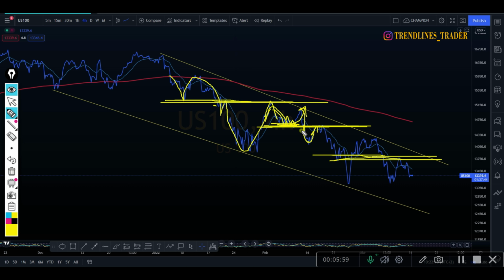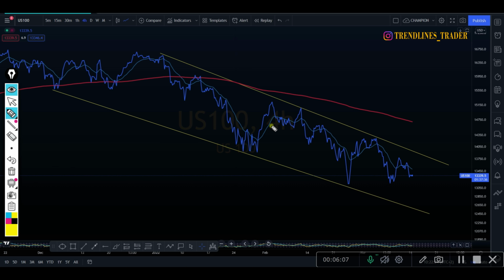As it was retesting and didn't manage to break this area, we ended up having resistance. So when the price doesn't break, the area becomes the resistance. So hence I'm saying our previous support zone starts to become our resistance.